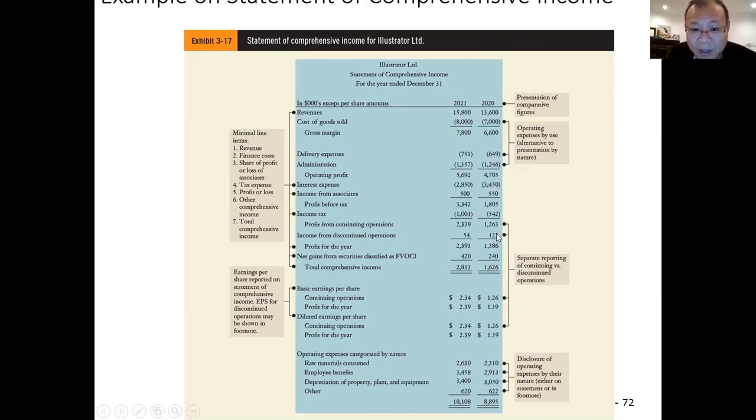Here, if you noticed, profit from continuing operation, okay? And there's a single line here. It's called income from discontinued operation, okay?